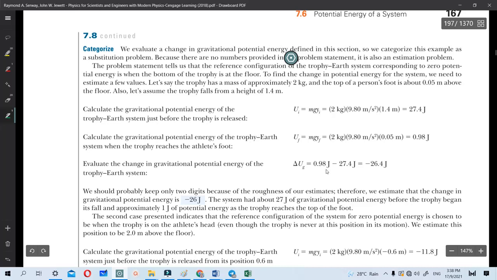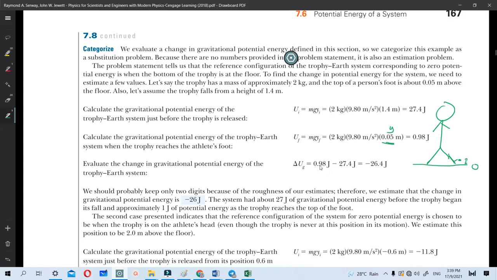In this situation, final is 0. This is the y final, so it's as if this is his foot. This is 0. The top is slightly higher, so let's make it 0.05.